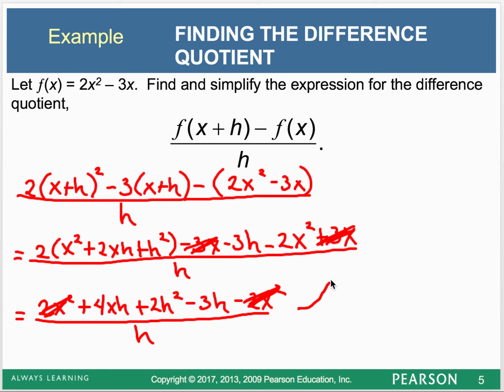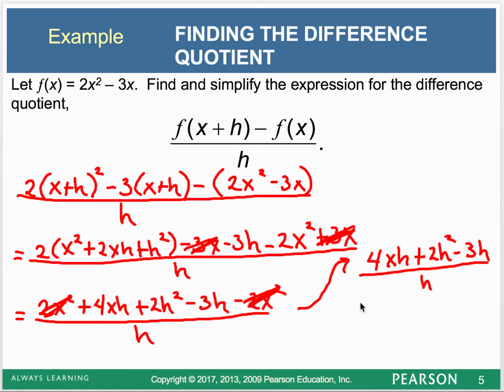So I'll wind up with 4xh plus 2h squared minus 3h all over h. And I notice they all have a factor of h, and anytime I can simplify a fraction, I must do it.